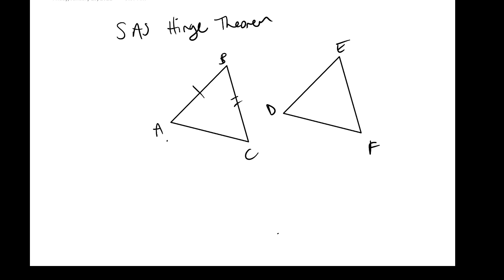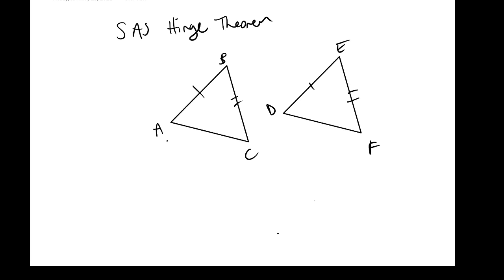So I have two sides congruent in a triangle, which is not sufficient proof for it to be two congruent triangles, correct? I would need either this third side, which I don't have, or I would need the included angle, which is going to be B and E.